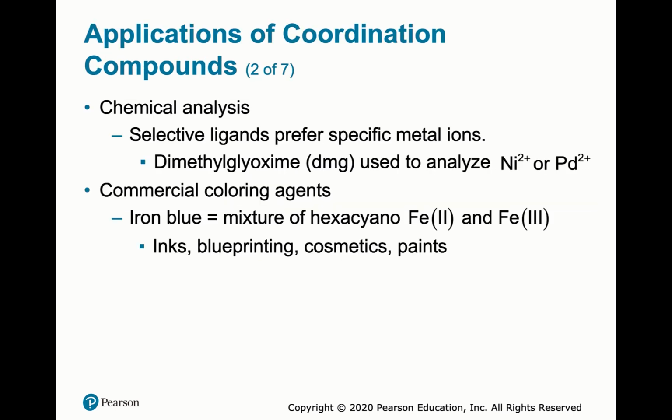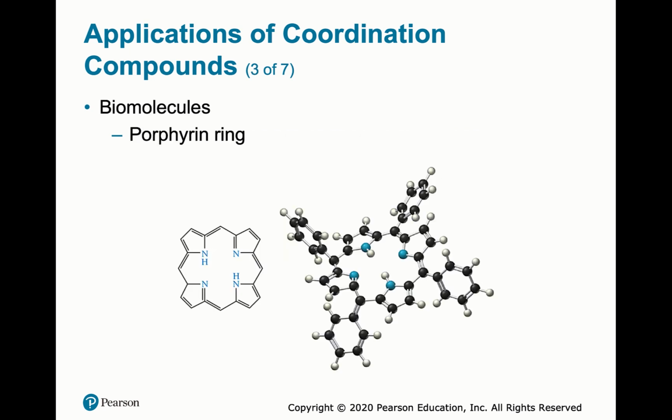And we can also use selective ligands to analyze certain ions and for coloring mixtures, so hexacyanoiron(II) and (III) for that. It's kind of fun to do some of the art with that, the photography and whatnot.